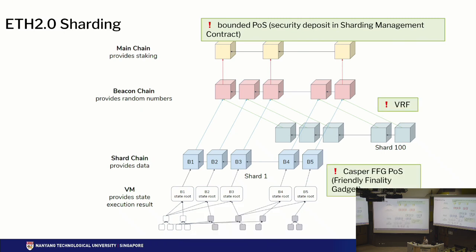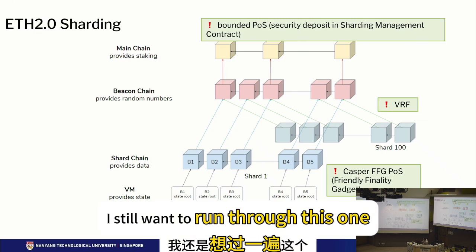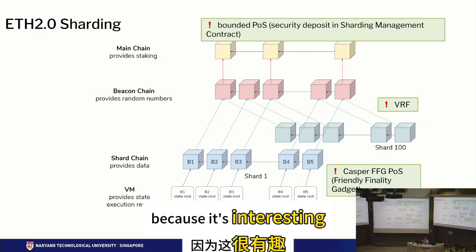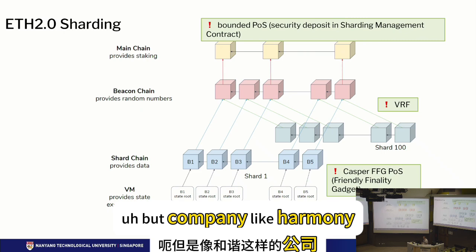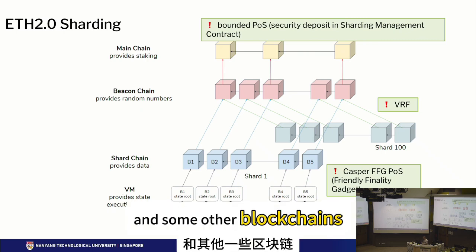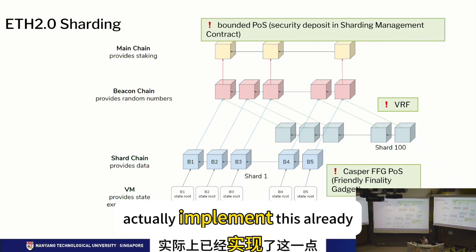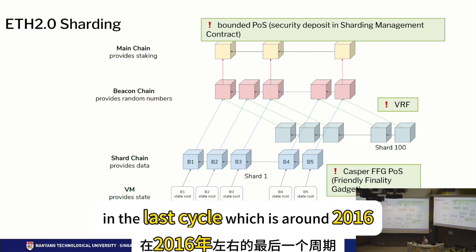From the specific perspective, I still want to run through this one because it's interesting. Even though Ethereum decided not to do ETH 2.0 sharding, companies like Harmony and some other blockchains actually implemented this already in the last cycle, around 2016.